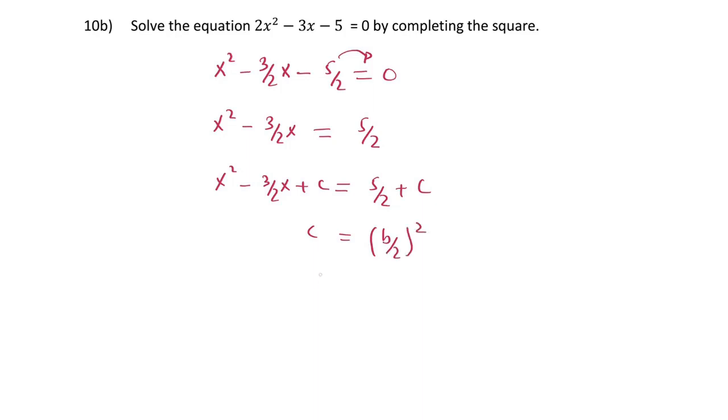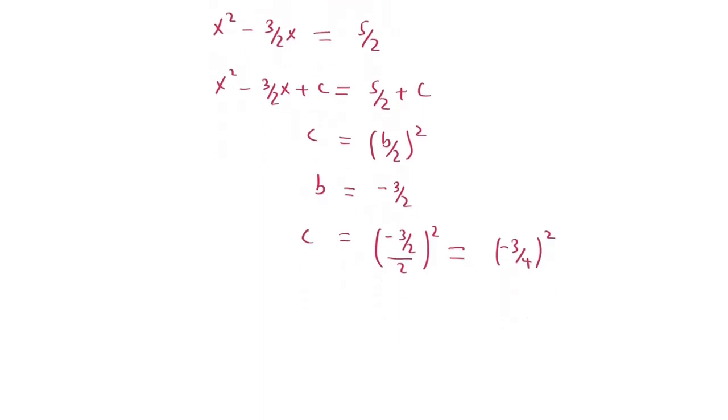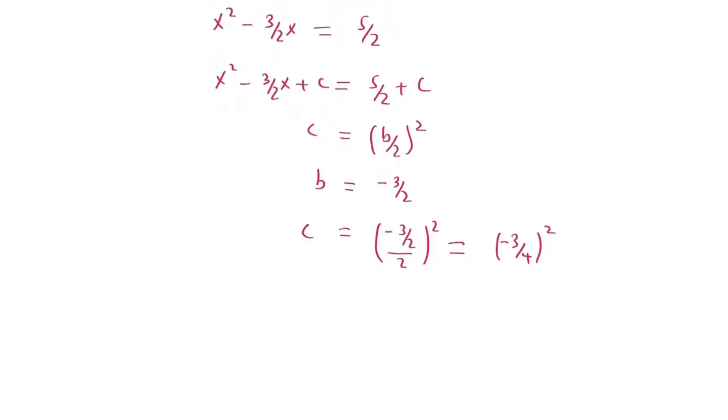Okay, so from our equation, b equals negative 3 over 2. Then c is going to equal negative 3 over 2 squared, which is going to be negative 3 over 4 squared. Then let us now substitute this value of c into our equation.